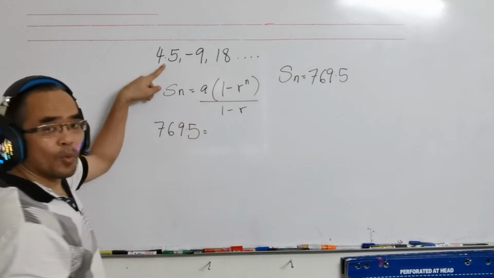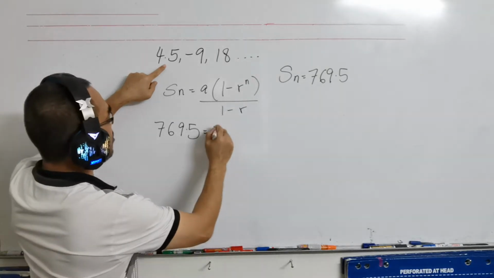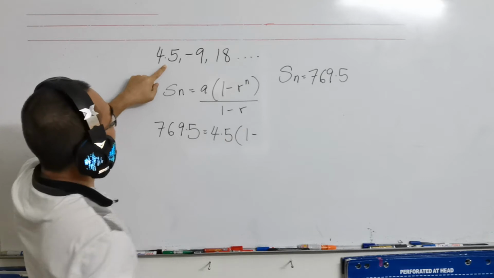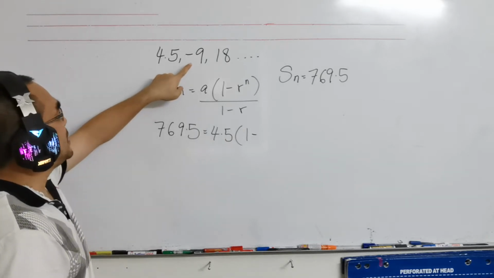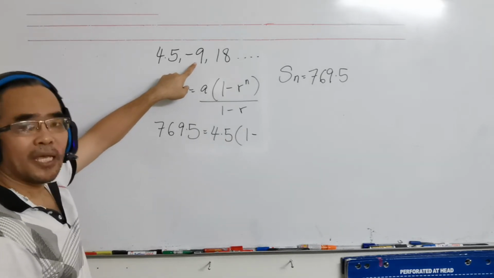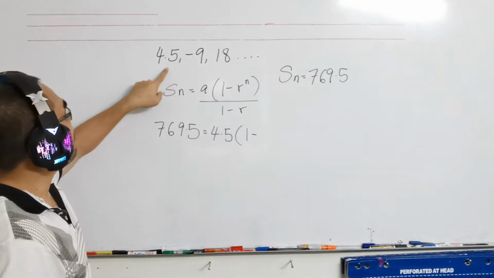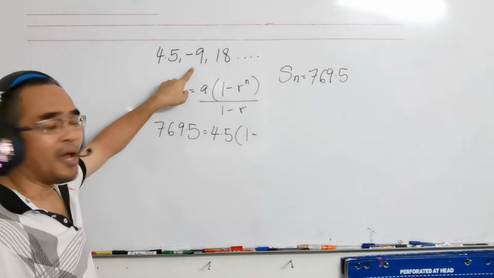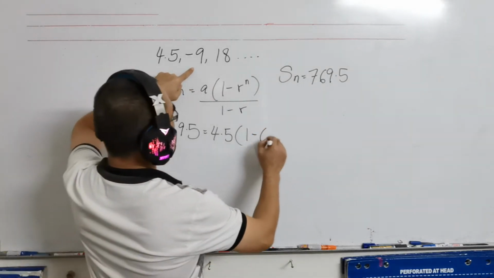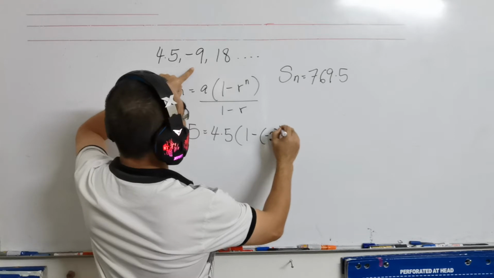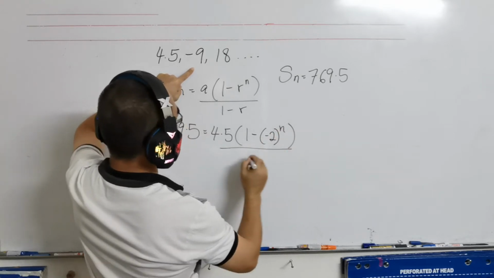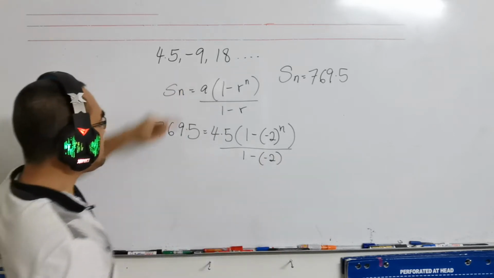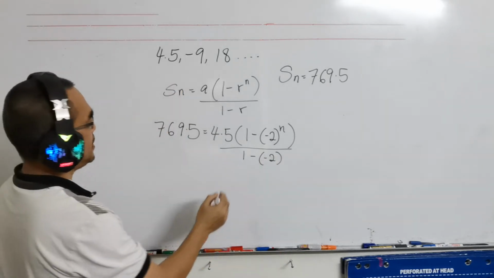The a will be the first term, that is 4.5, and then r will be negative 2, because negative 9 divided by 4.5, or 18 divided by negative 9, you get negative 2. So 1 minus negative 2. And we can solve this.